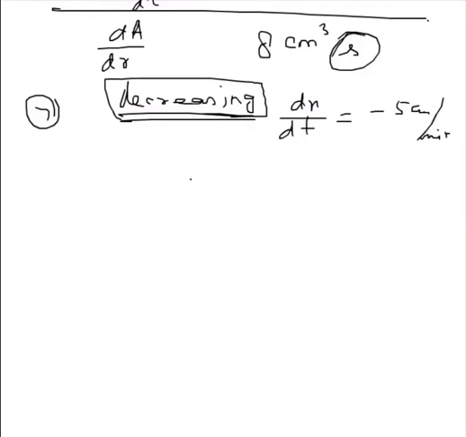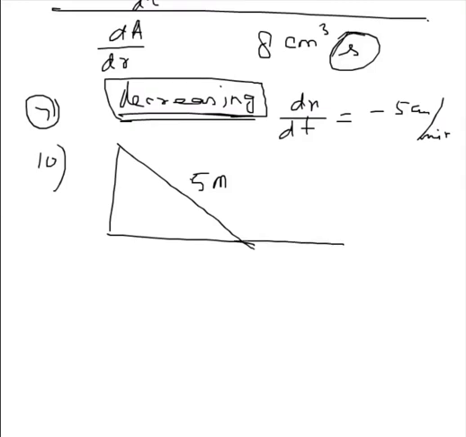10th question we will do now. Question 10. A ladder 5 meters long is always leaning against a wall. So this is the ladder which is 5 meters long. The bottom of the ladder is pulled away from the wall. So that means x changes.